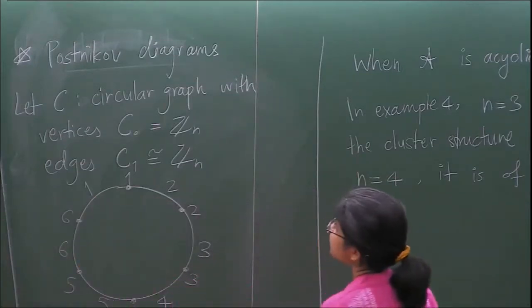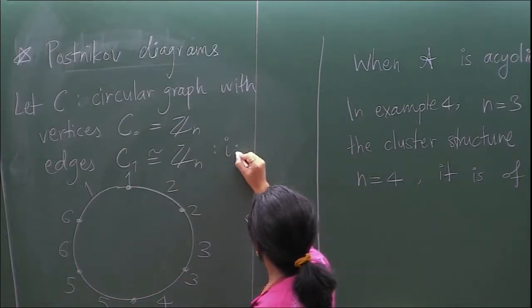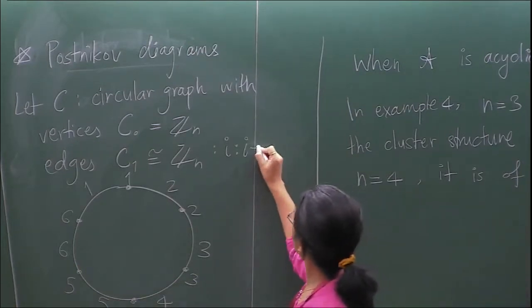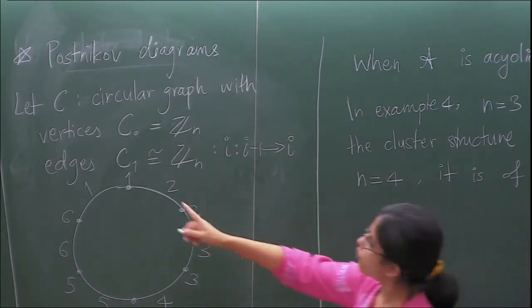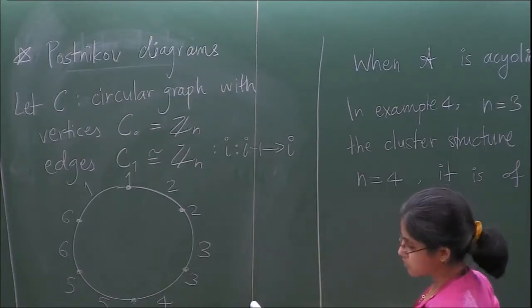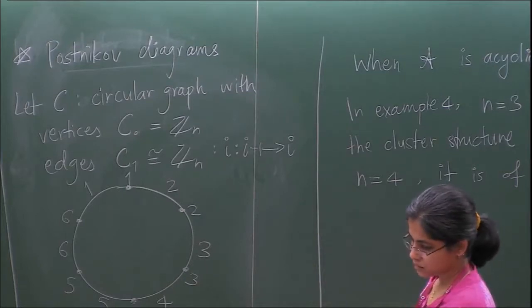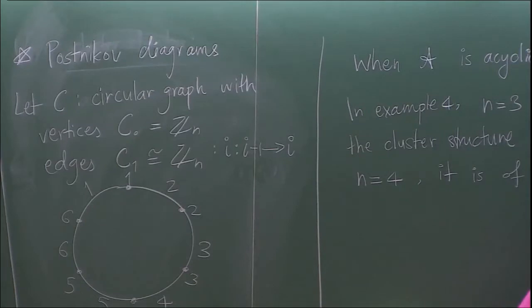So edge 2 goes from 1 to 2, not directed, and everything is mod n after this. I don't want to write this everywhere.